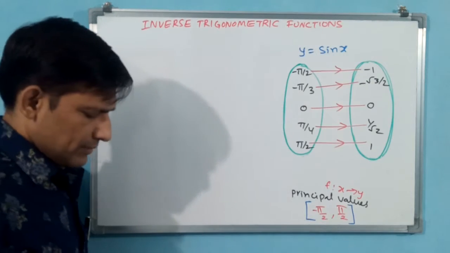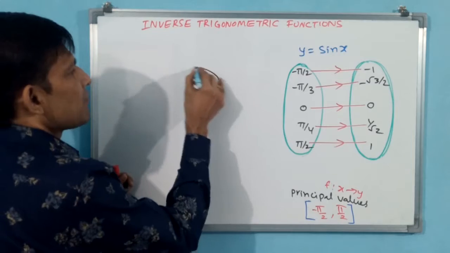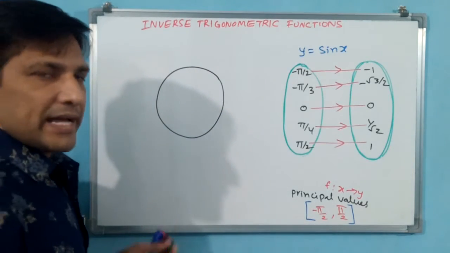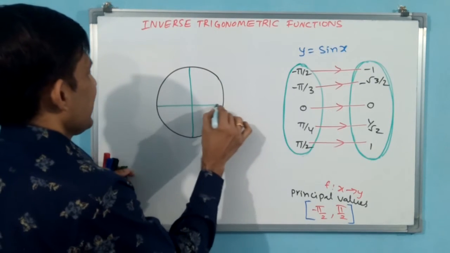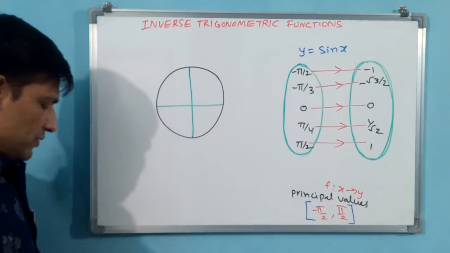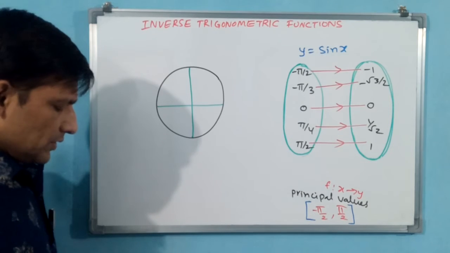Okay. Now you see, I am again going to draw the circle diagram of sine theta. Okay, this is the circle diagram of sine theta. Now I am going to put the angles.